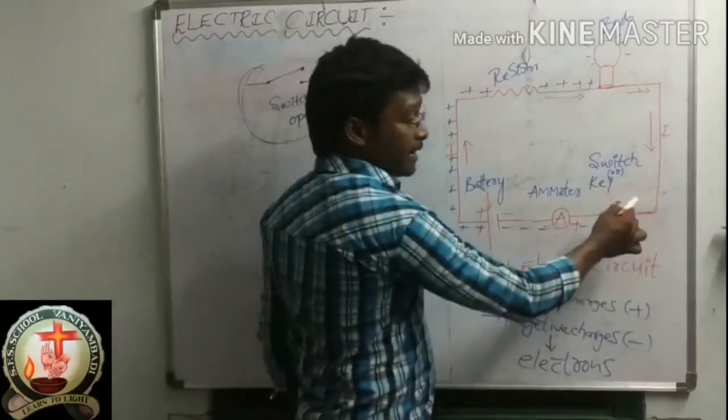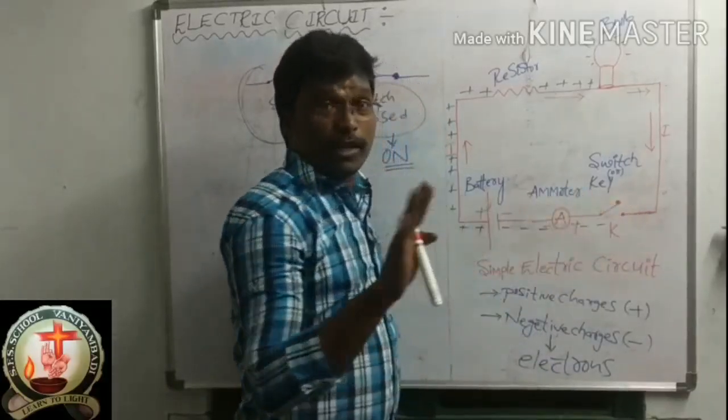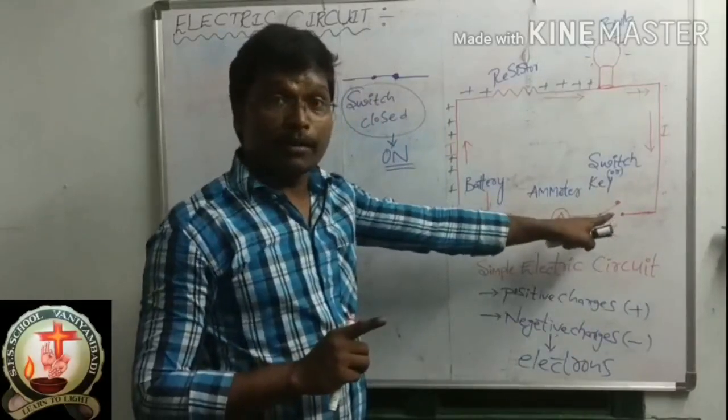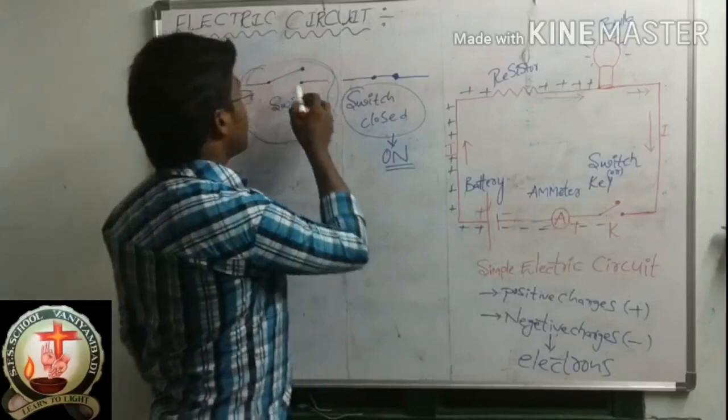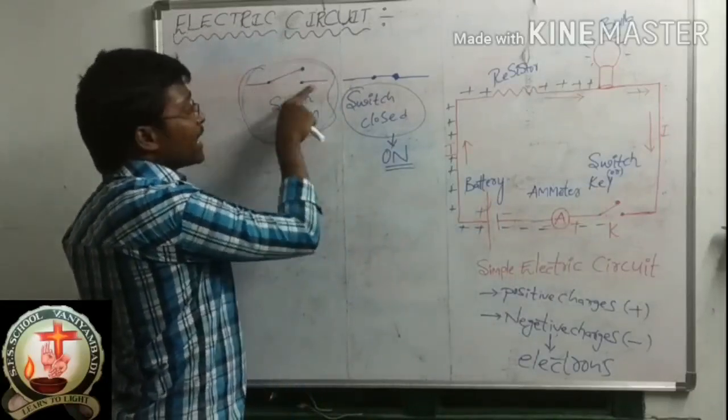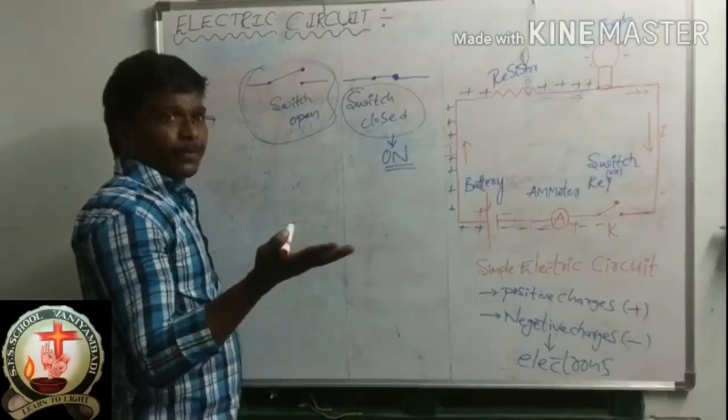Here some empty space is there. So electrons cannot pass because here the switch is open. How will electrons travel from this side to this side? Any connection is there? No.